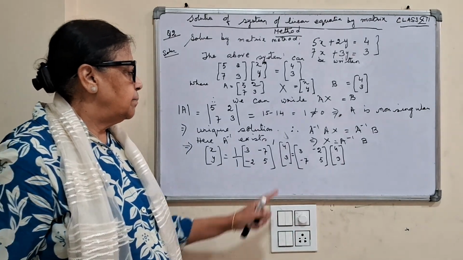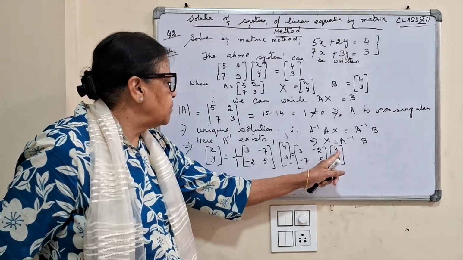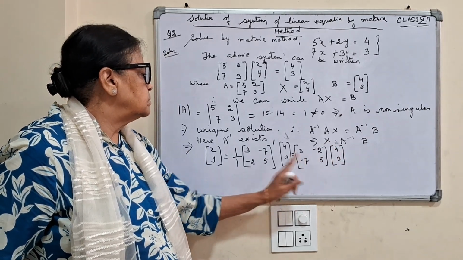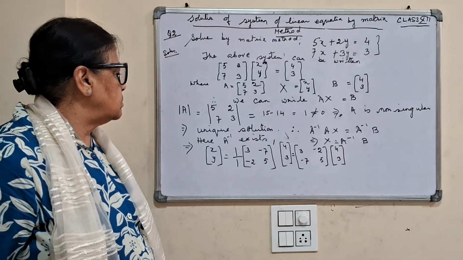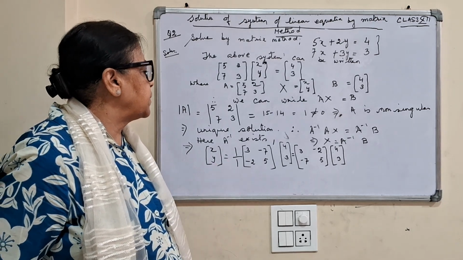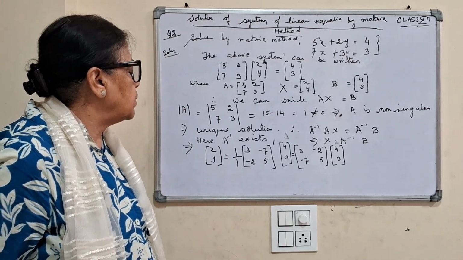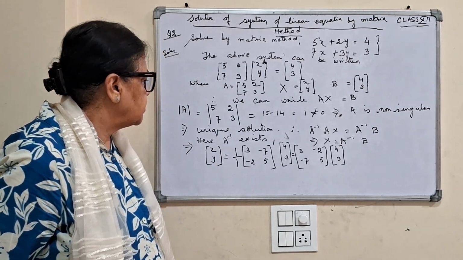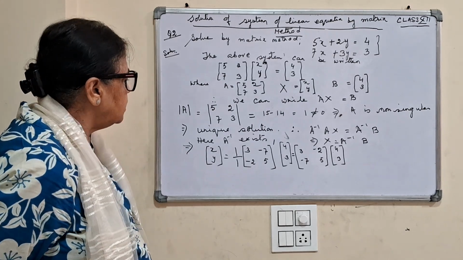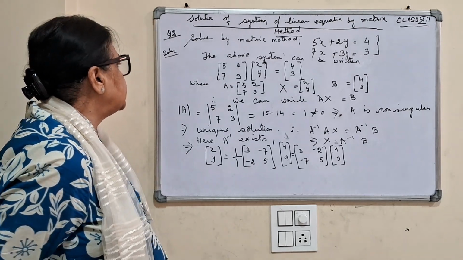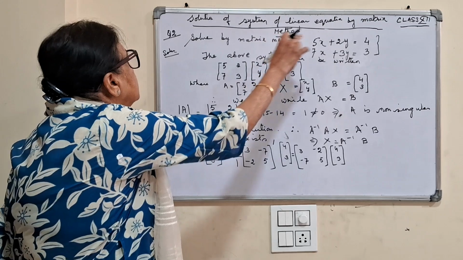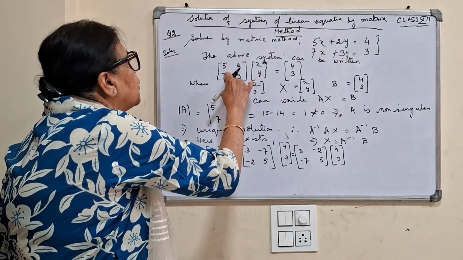I multiply. That is 3 4s are 12. Any mistake here? Yeah.